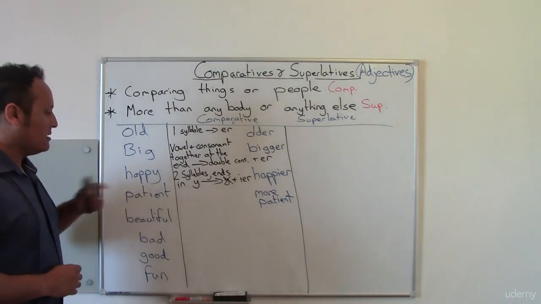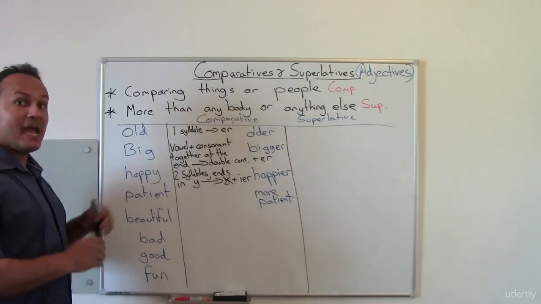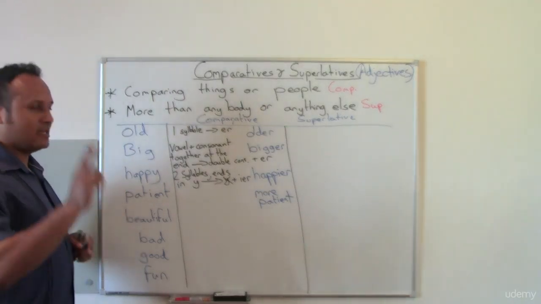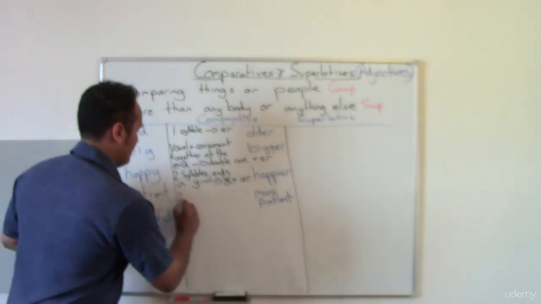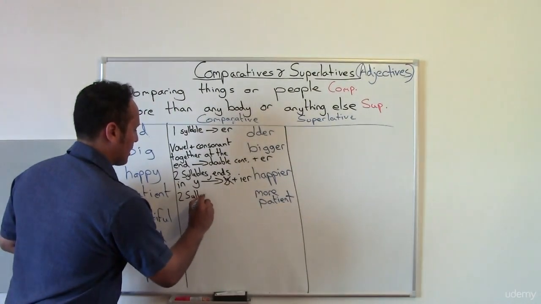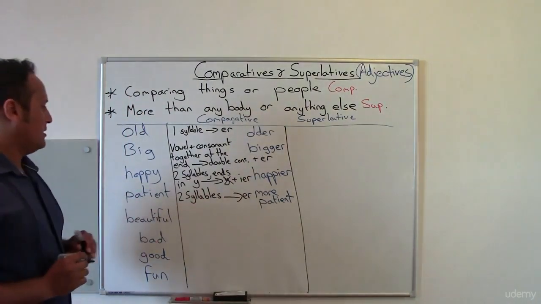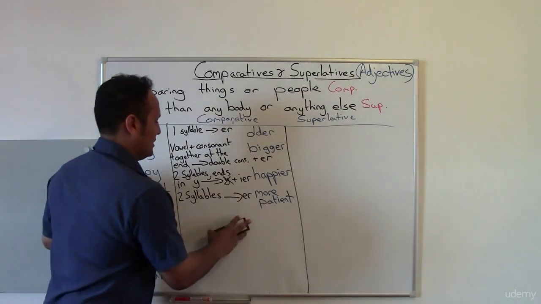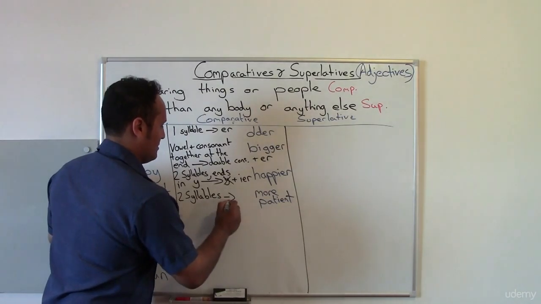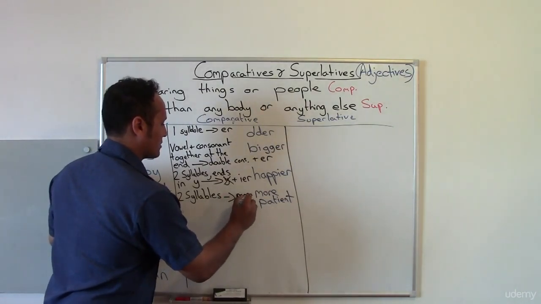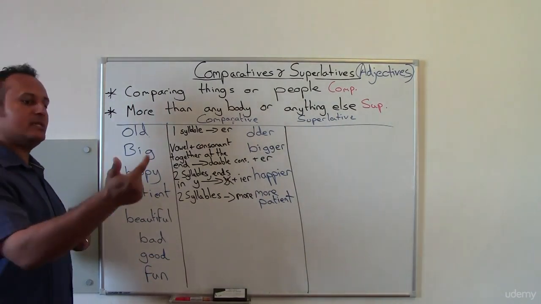Happy ends in Y, patient does not end in Y. Any adjective that has two syllables that doesn't end in Y, you just add more. Okay? More patient.